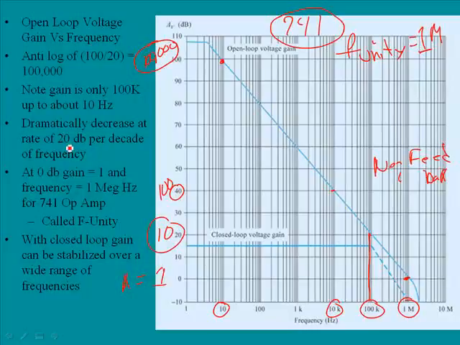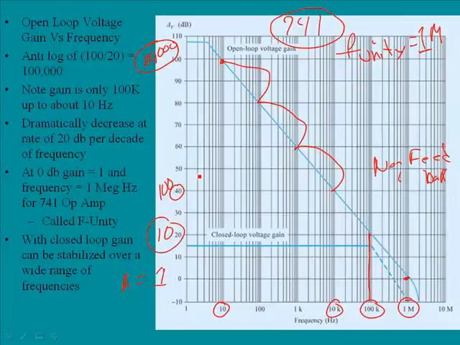amplitude decreases at the rate of 20 dB per decade of frequency. And so if you look at this, you'll notice here we go from 100 down to 80, from here to here, and notice that the frequency is 1 decade from 10 to 100, and then from 80 to 60, the next one is from 100 to 1K, and then from 1K to 10K again it drops 20, and that will be across the entire range.